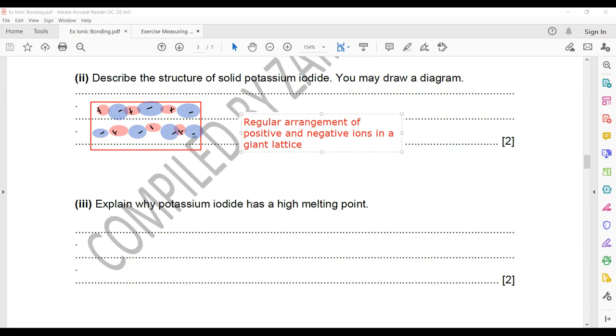Then explain why potassium iodide has a high melting point. So why does a substance have a high melting or boiling point? It depends on the force of attraction between the particles.